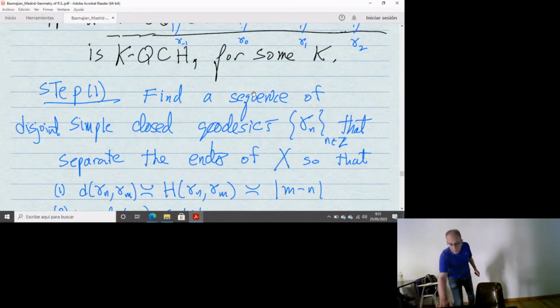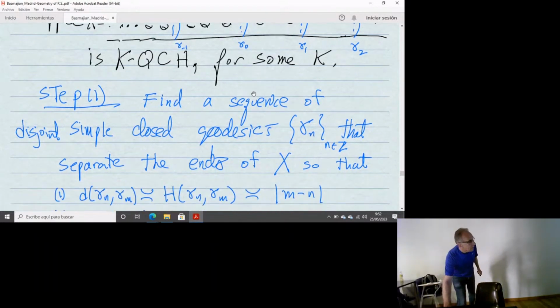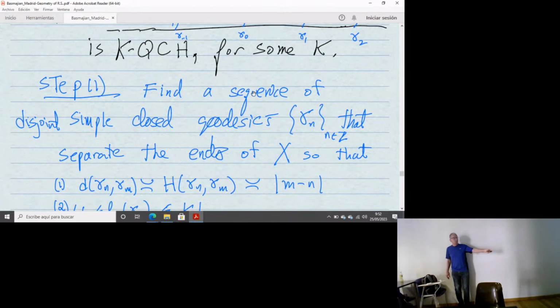So up here, we're constructing this. Gamma naught goes to gamma 1 by some K-QC map, gamma naught goes to gamma 2 by some K-QC map, same K, gamma naught goes to gamma 3 and so on, and the other way. Then you straighten those curves out, and those geodesics have the property that the hyperbolic distance between them is roughly like the difference in the indices. So that's sort of a start, because that allows us to see if there's some shift now.